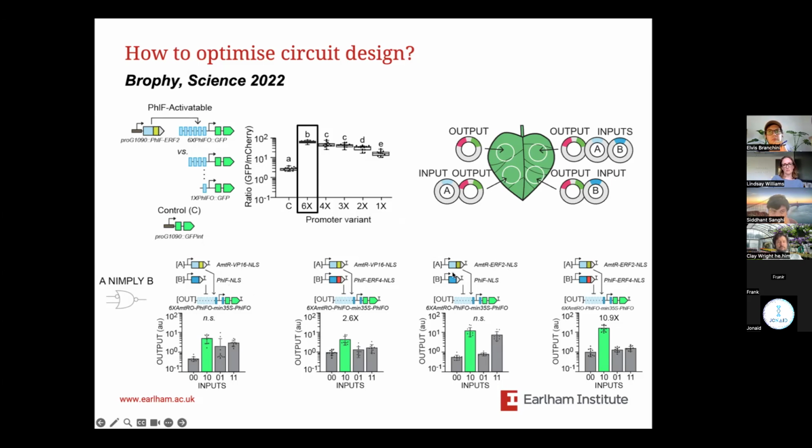Then they tested which gate would work the best. It ended up being this one that works the best, using ERF2 and ERF4. And as you can see, as it had been tested before, 6 binding sites works the best for the transcriptional activator. This is what is used here in all of them. So it's quite a good example of how you could have an idea about what you want to do and which different circuits you might want to design to be able to test and have ones that will work well.